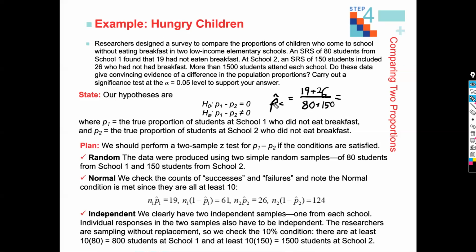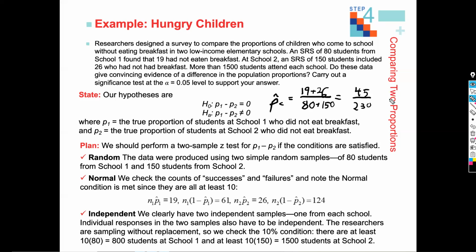So what we're saying is that if these are all coming from the same sample in the same proportion, then out of 230 total across both samples, there were 45 total across both samples that had not eaten breakfast. So that is our pooled proportion.